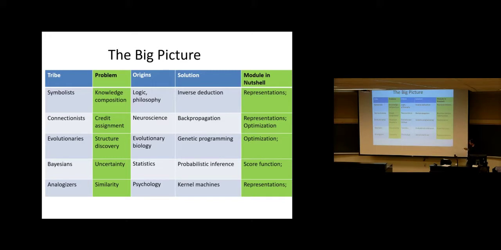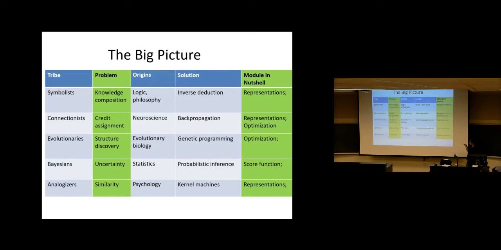And the last crowd, the analogizers, in the end they're using similarity to represent. If you think about the k-nearest neighbor approach, they don't have a specific explicit model, they use the existing data as the model. And the similarity is the basic representation. The existing data are part of the representation.